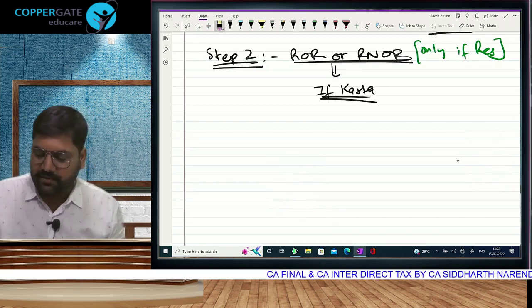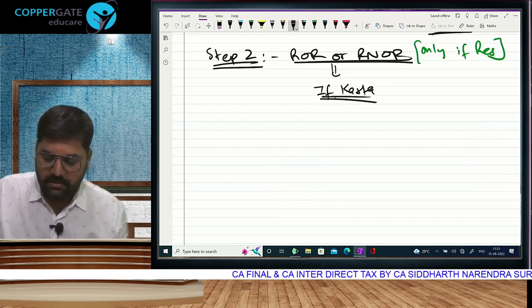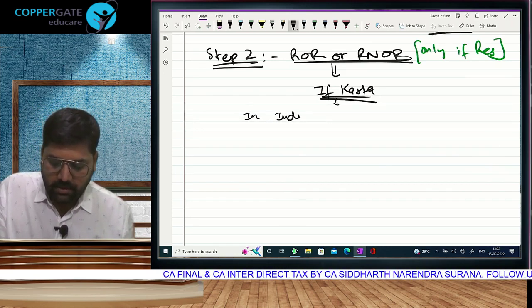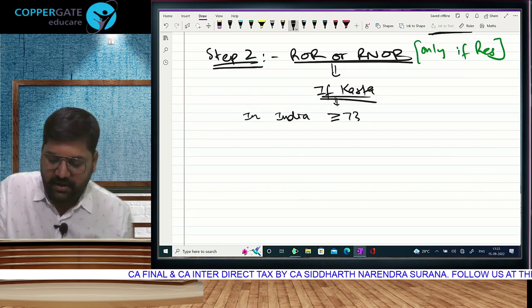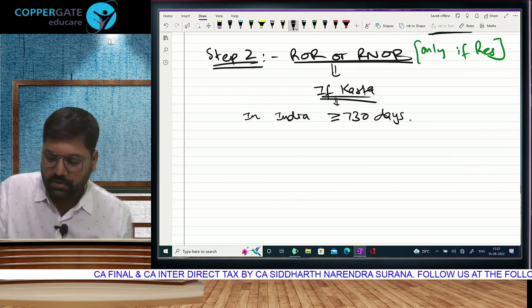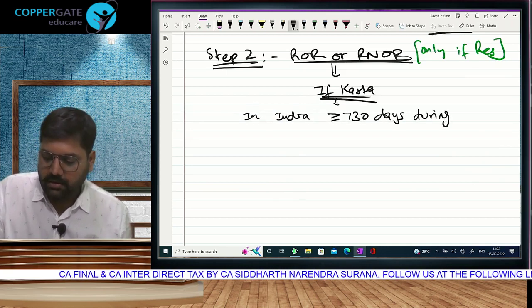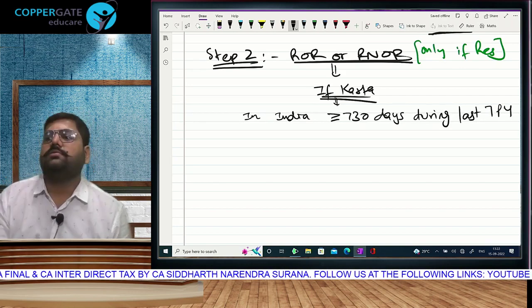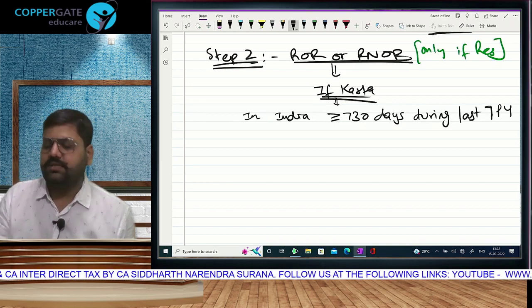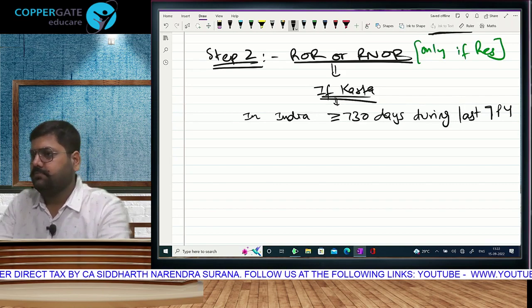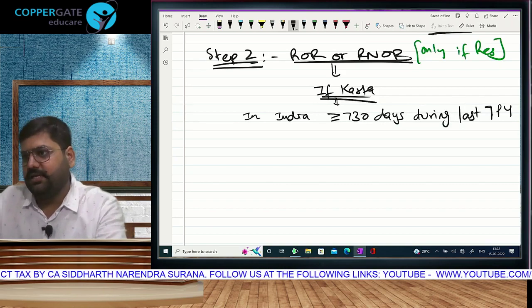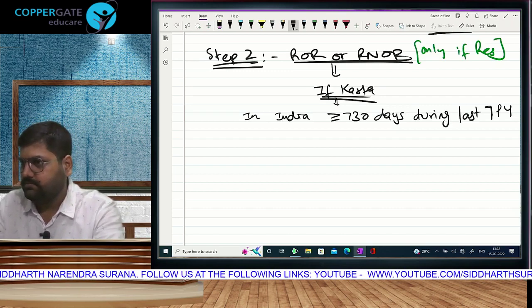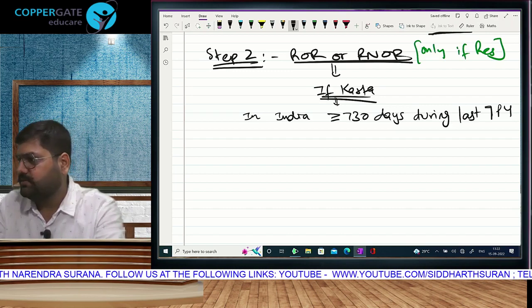If the karta was in India for a period of 730 days or more during 7 immediately preceding previous years, last 7 years. 7 immediately preceding, meaning for your exam you will see before 2023, the last 7 years, equal to 730 is covered.